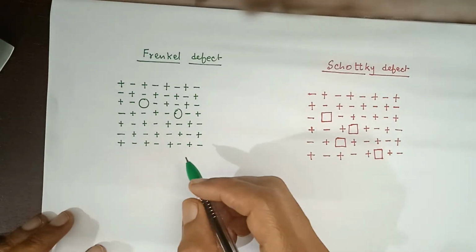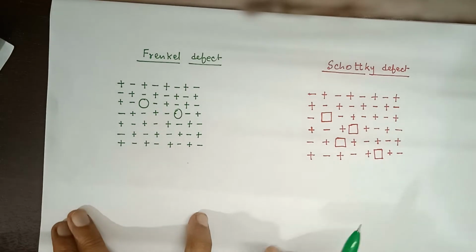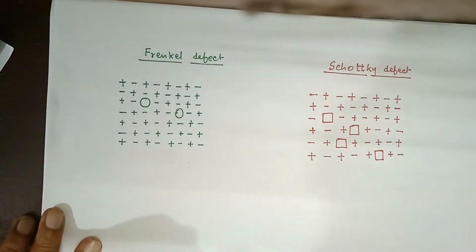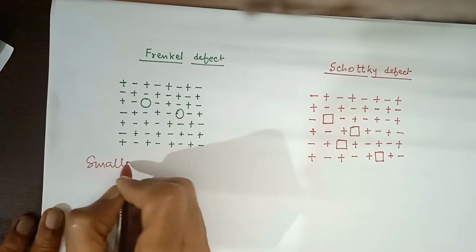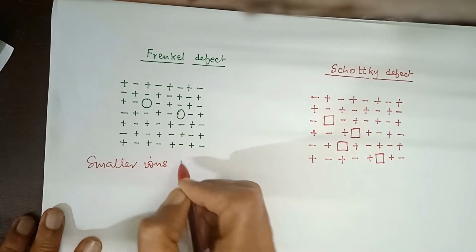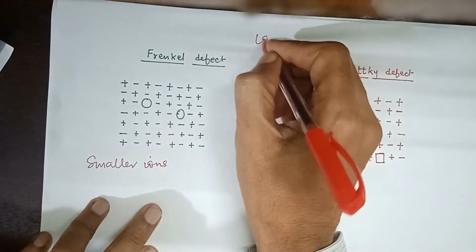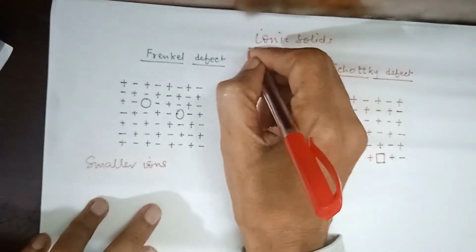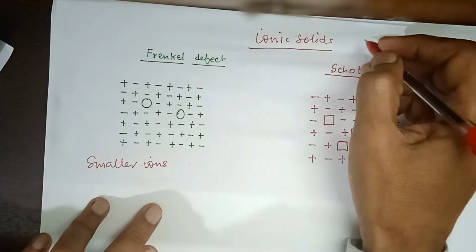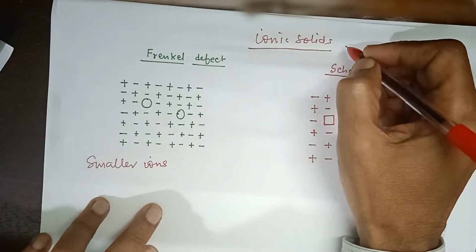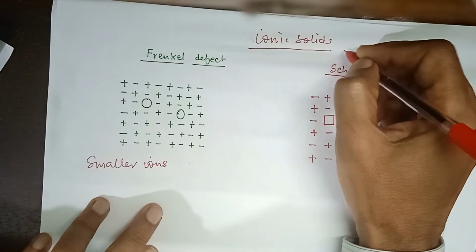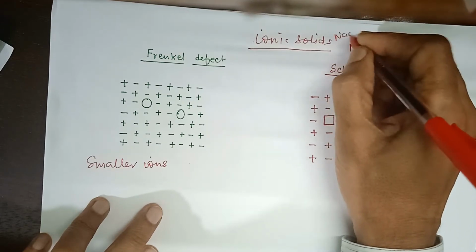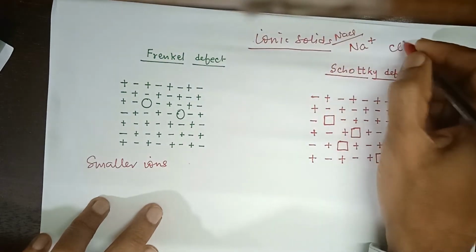Because these are ionic solids, and ionic solids are crystal solids whose constituent particles are ions, like in NaCl, Na plus and Cl minus.